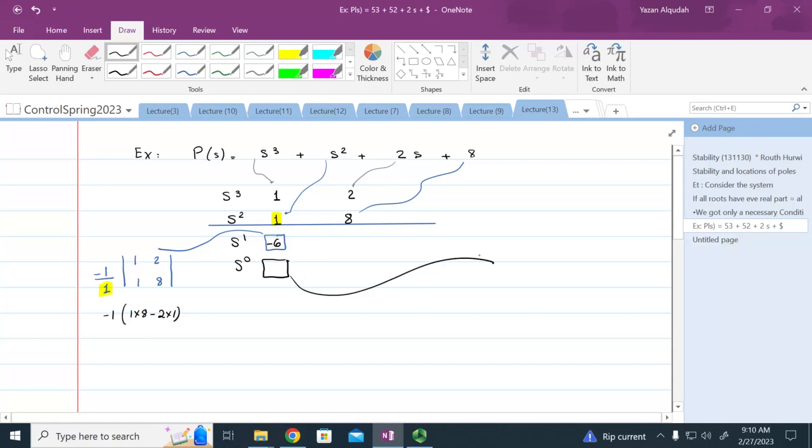Who can tell me what this row is going to equal? You can add a 0 here. It's going to equal negative 1 over negative 6, and the determinant established by 1, negative 6, 8, and 0. Together? What is that going to equal?